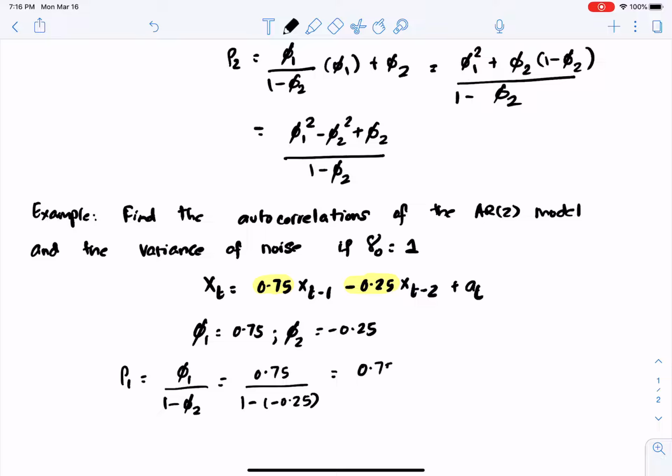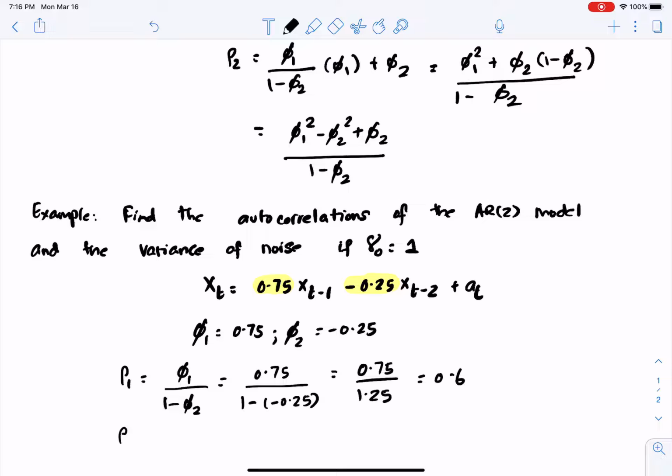We get 0.75 over 1.25, and that turns out to be 0.6.